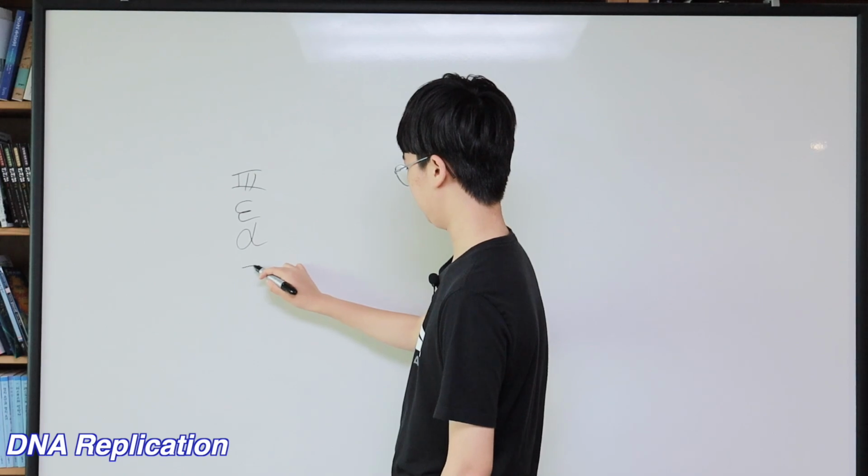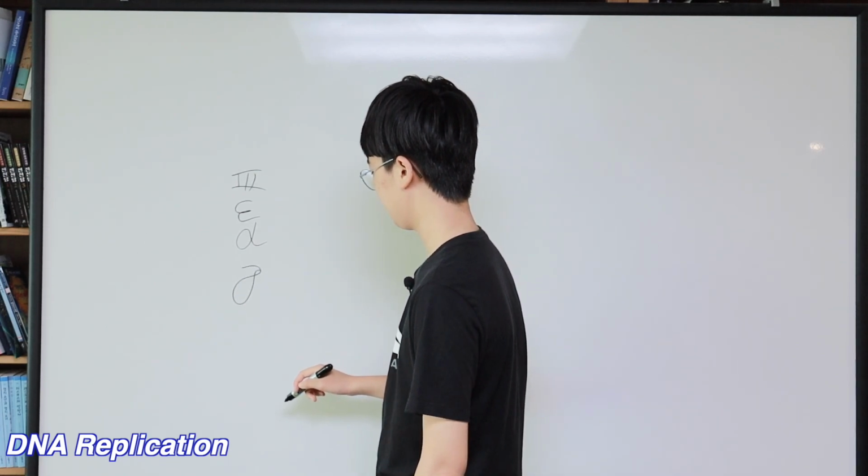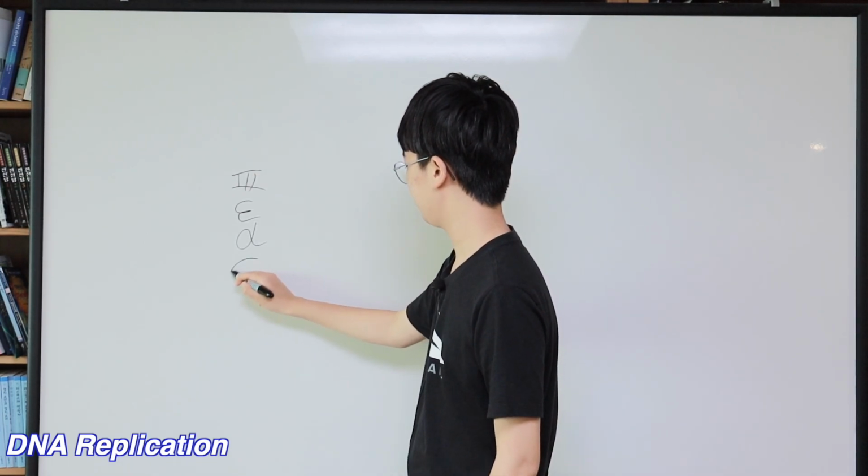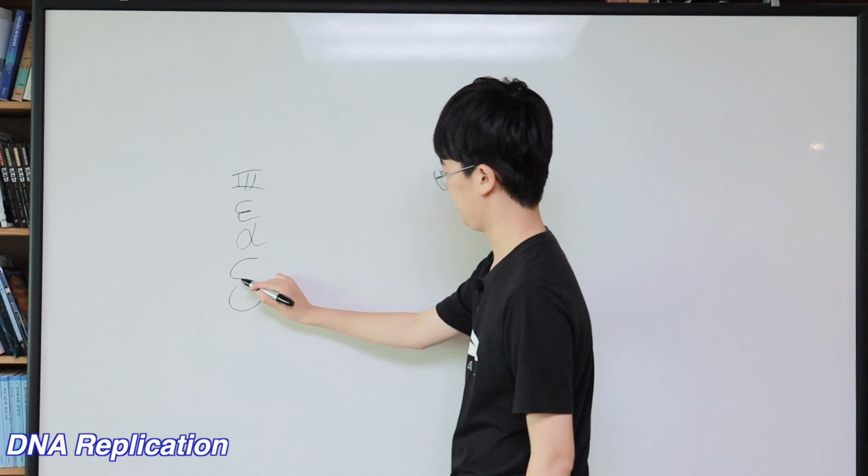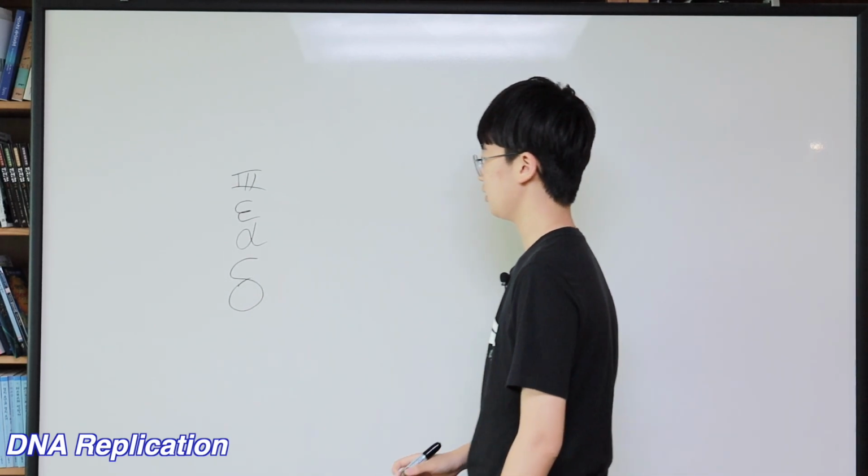How do you write delta? Is it something like this? It turns out it's this.